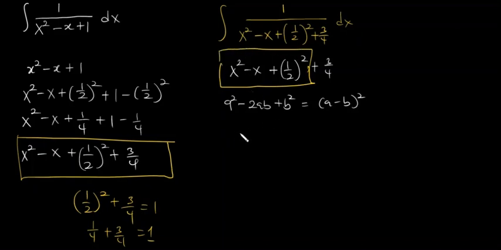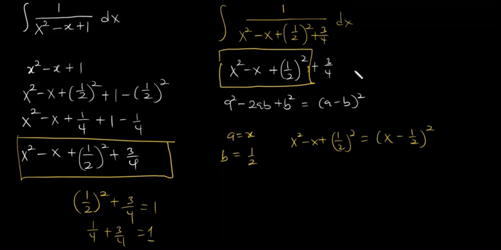In this case, you see that our a will be equal to the x, then our b will be equal to the half, right? So we are going to have x squared minus x plus 1 over 2 squared to be equal to x minus 1 over 2 squared. This is what we have.